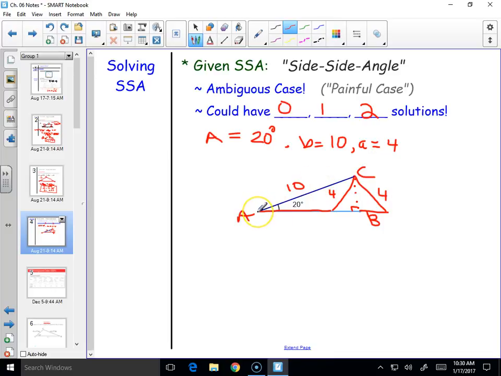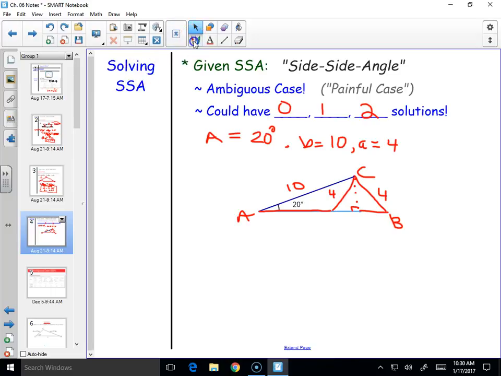I could have A, B, C with 4 swinging in, or I could have A, B, C with 4 swinging out. That bottom side, I don't know how long it is, so it's up for grabs. It can be longer or it could be shorter. And that angle B is up for grabs. It could be an acute angle or an obtuse angle. This is one way where I would have two possible solutions.